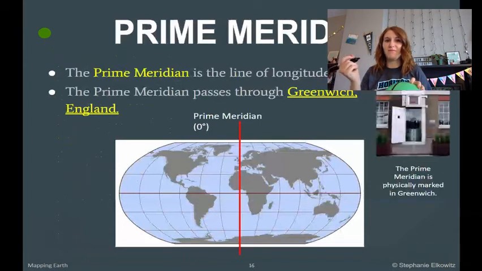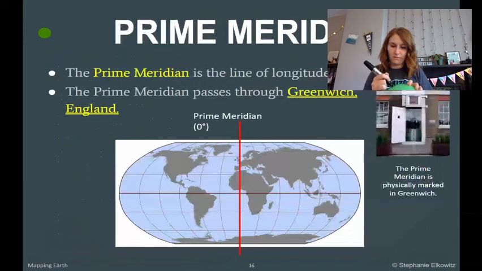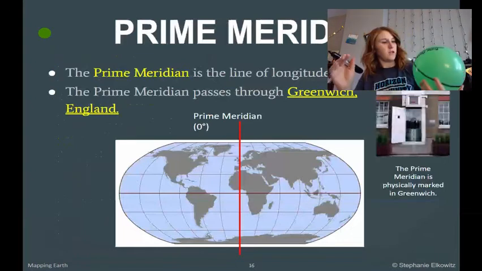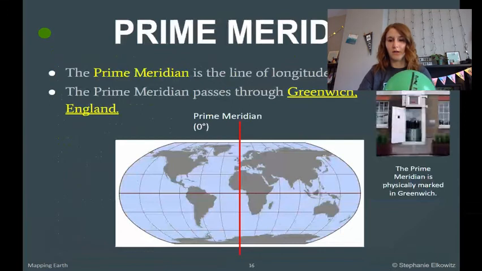The prime meridian passes through Greenwich, England. So here is my prime meridian. It's a little crooked, that's okay.